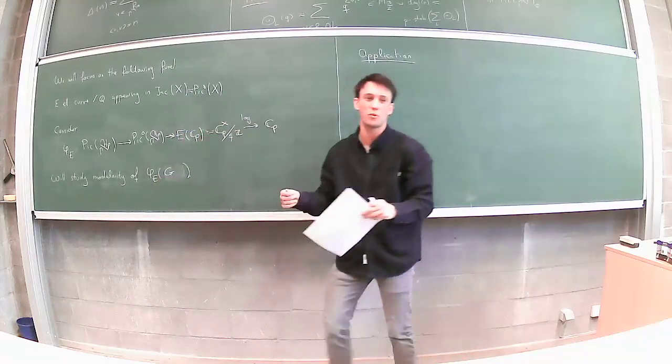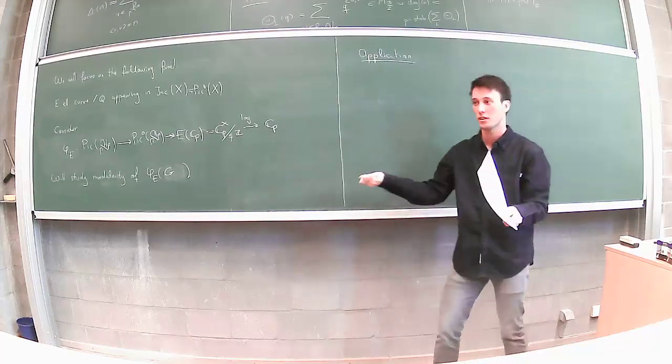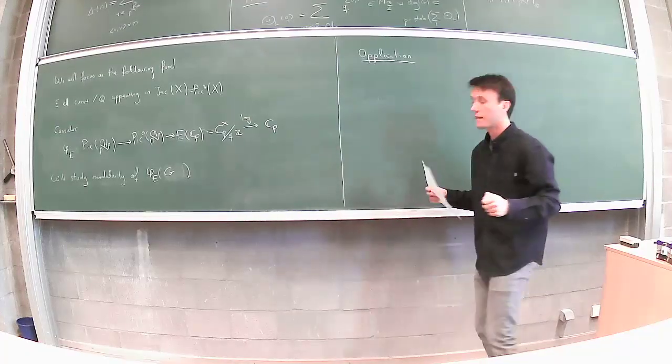Like in the same way that for the theta series we deduce a lot of things about the Rn's, thanks to this being a modular form. This is valued in CP.